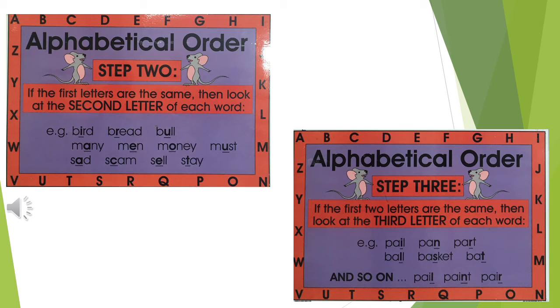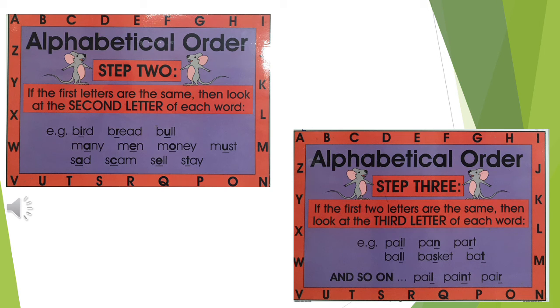Remember, if there are letters that are not there, for example, I have an A in the second space, but I don't have a B, then I can just skip B and go to the next one, C. Don't have a C, skip C, D. I don't have a D, next one, E, and I have E by men, and so on. And the last list, sad, scam, sell, stay. I look at the letter in the second space.